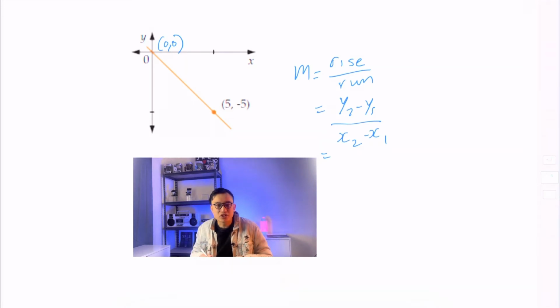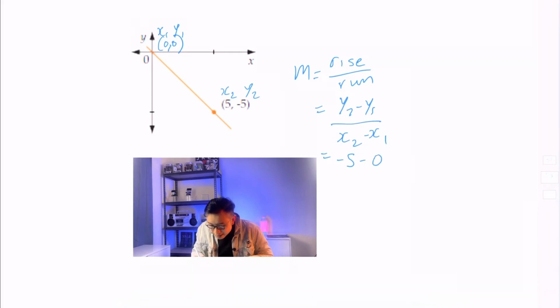So you just have to decide which point you want to be your first point. So let's just take 0, 0 as your x1, and that means the 0 has to be your y1. So that will make x2 equal to 5. y2 will then be negative 5. So let's follow the formula. So you grab your negative 5. It doesn't matter that it is negative.